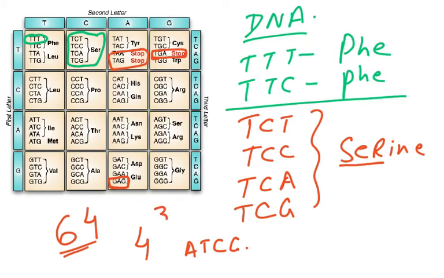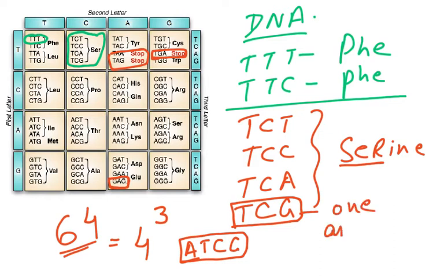So it's 4 raised to the power 3, and 4 raised to the power 3 is equal to 64. So we have 64 possible combinations.